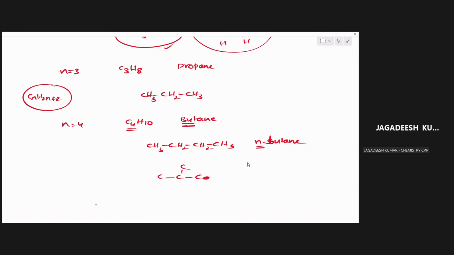This is different: one carbon is acting as a side chain, so it is isobutane. Iso means one side chain in these 4 carbons, CH3, CH, CH3, CH3. Again, we will discuss this. Just I am telling you, we have to mention n only if all the carbons are present in the straight chain.